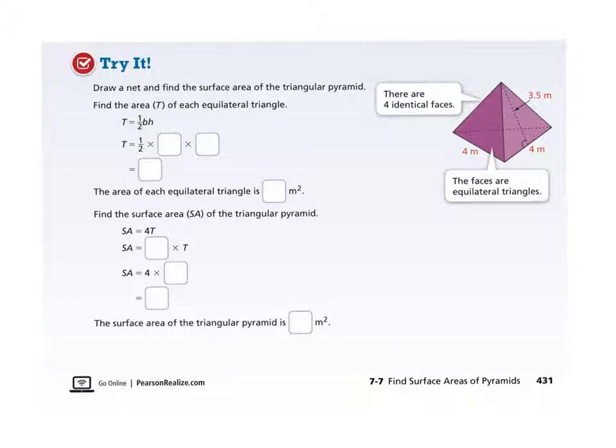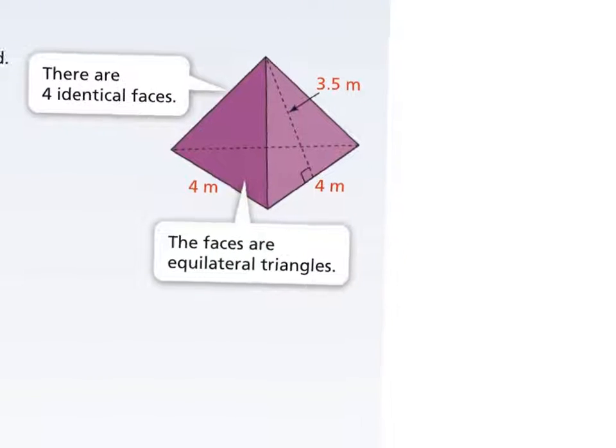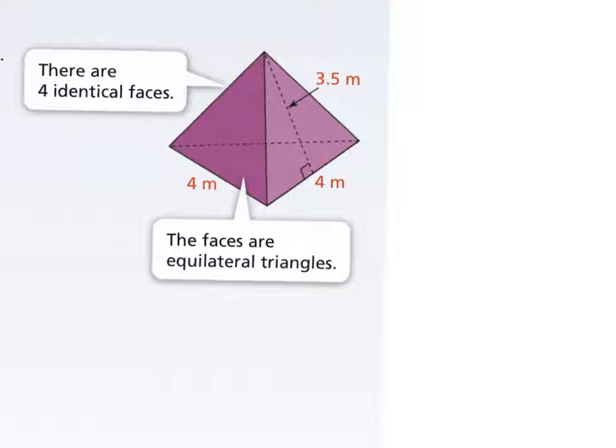So we look at the try it, it says draw a net, find the surface area of the triangular pyramid. Okay, so once again they did ask for us to draw a net of this. So we're going to have our base in the middle, and then off of that base we're going to have some other triangles. So it's going to look something like this.